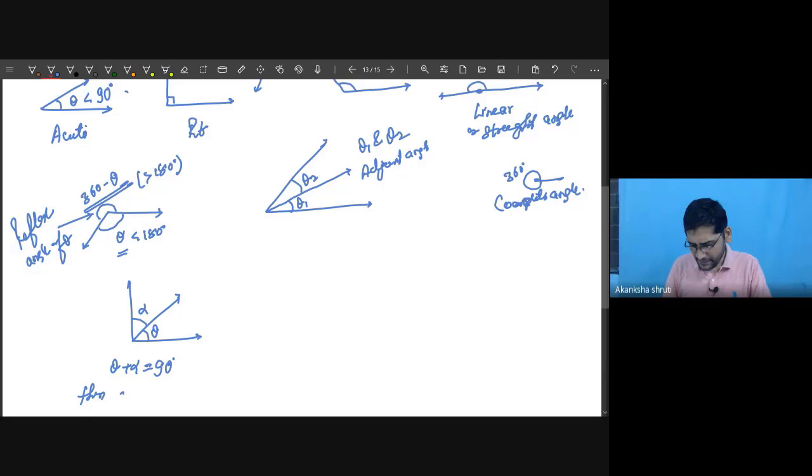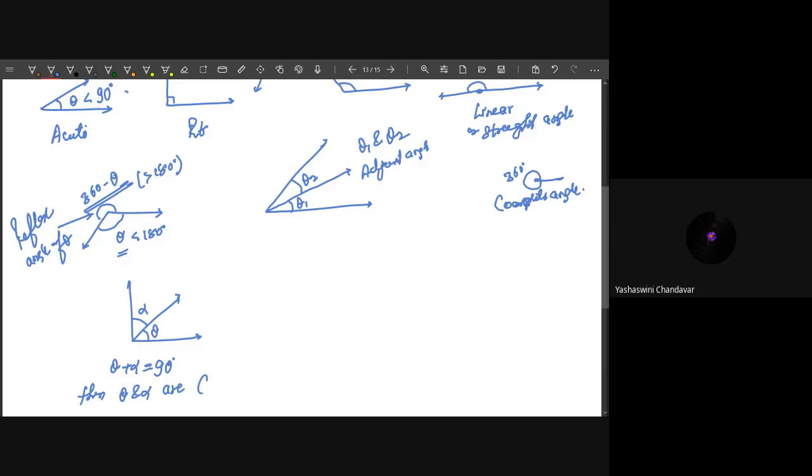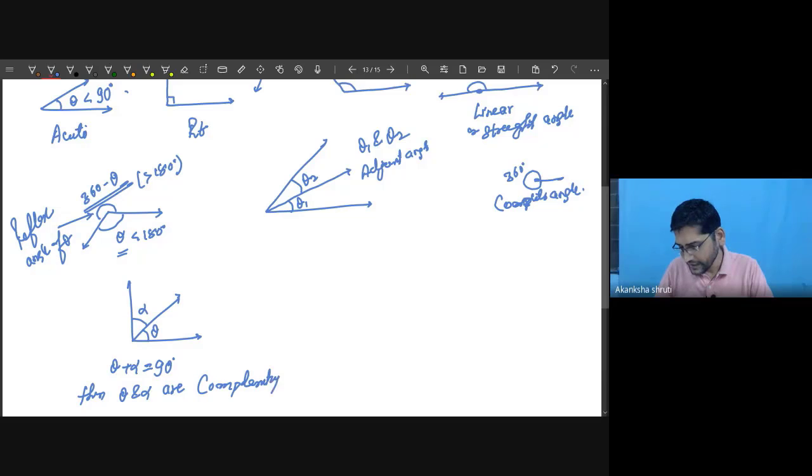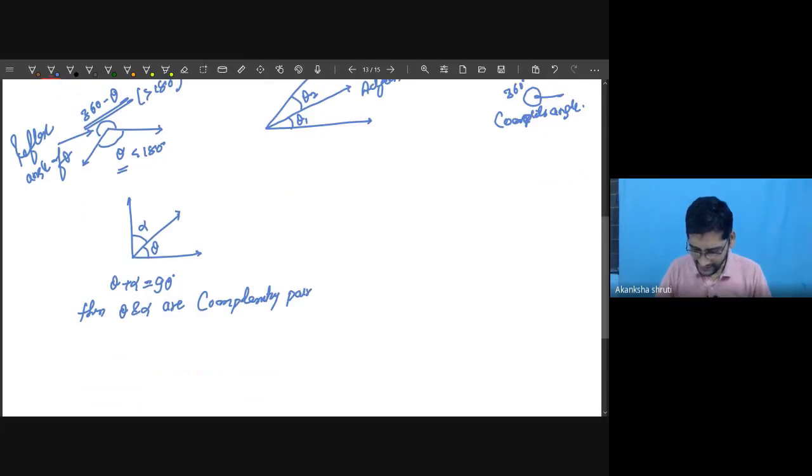Then this pair theta and alpha are called what? Complementary angles. Good. Complementary pair or complementary angles.